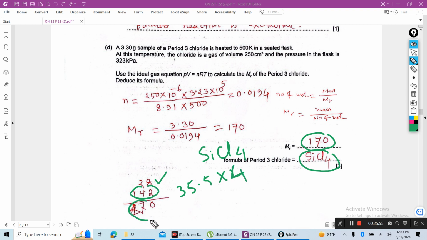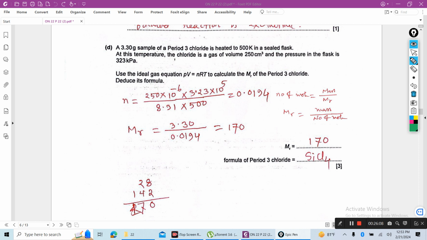You will get 170. 170 is the molecular mass of silicon tetrachloride. So you have to remember here, kilopascal have to be converted to pascal and centimeter cube have to be converted to meter cube.